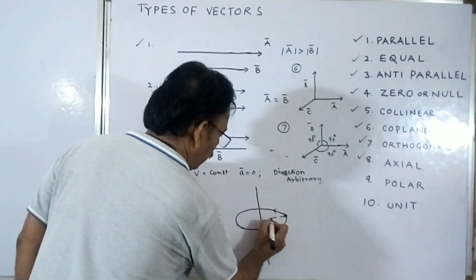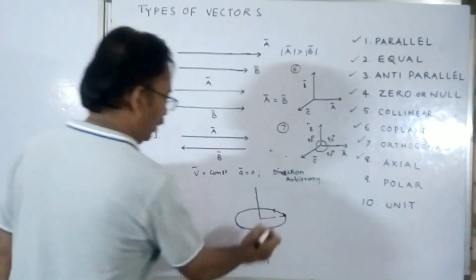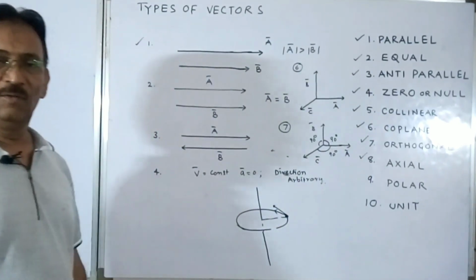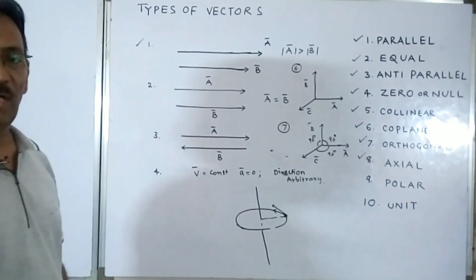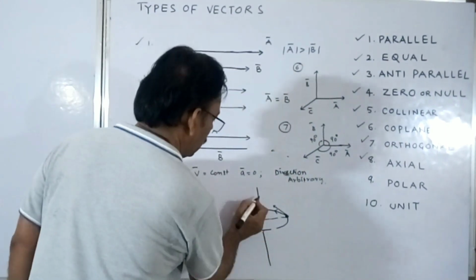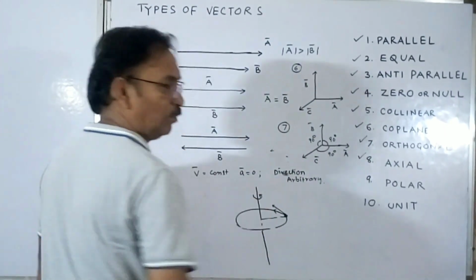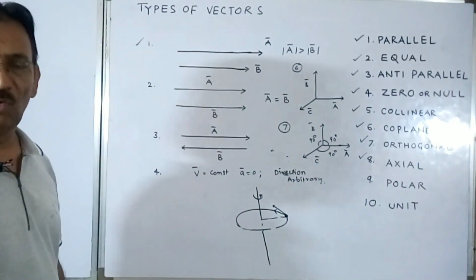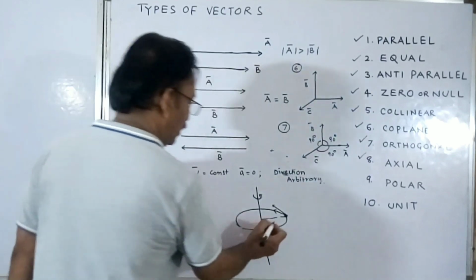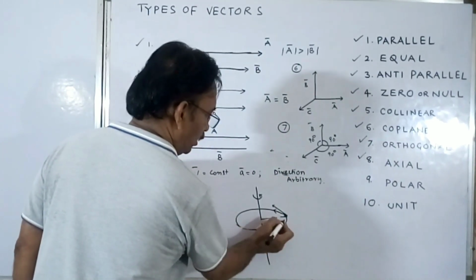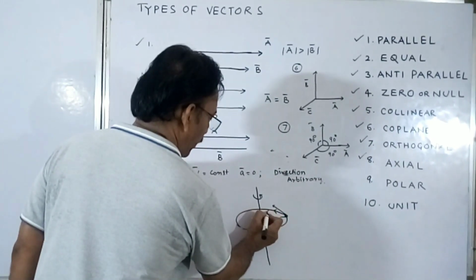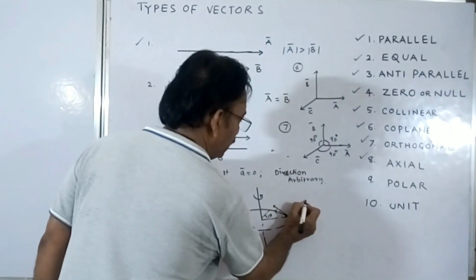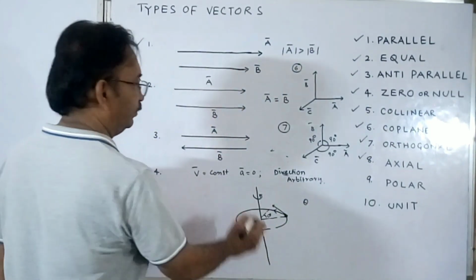It has a radius of r, it has the direction of linear velocity, and it has the axis of rotation. The angular velocity acts along the axis of rotation. In this case, the angular displacement, here the particle is moving from here to here, just imagine, it made an angle theta, which is an axial vector.